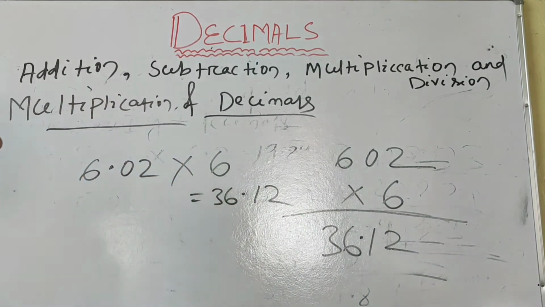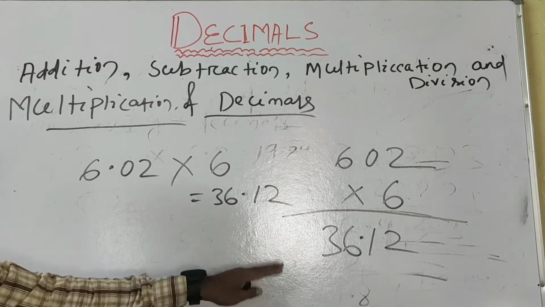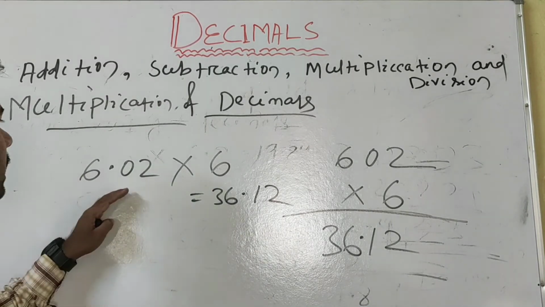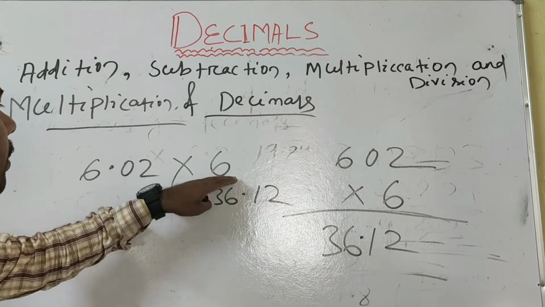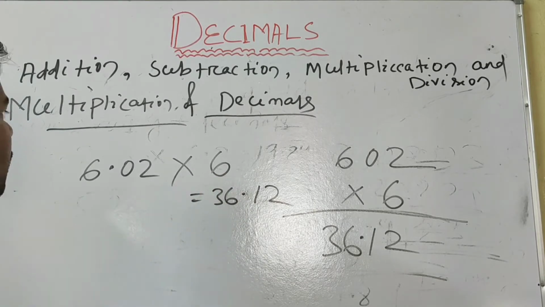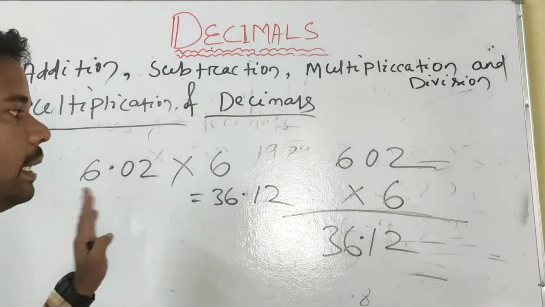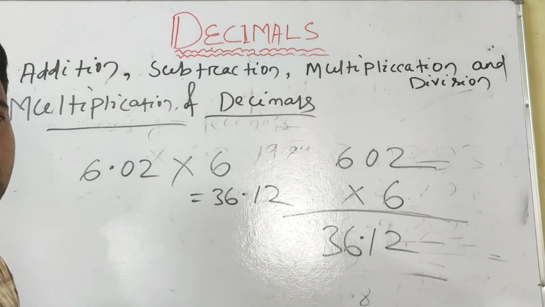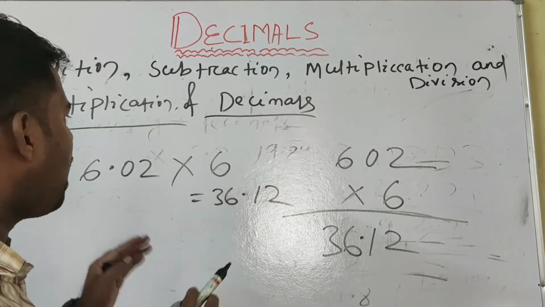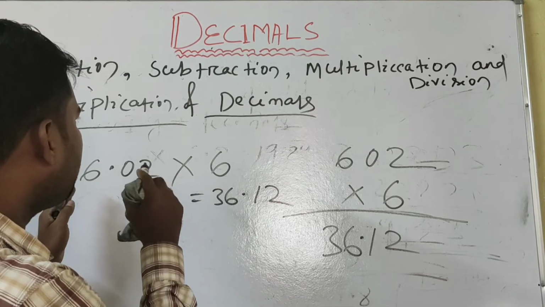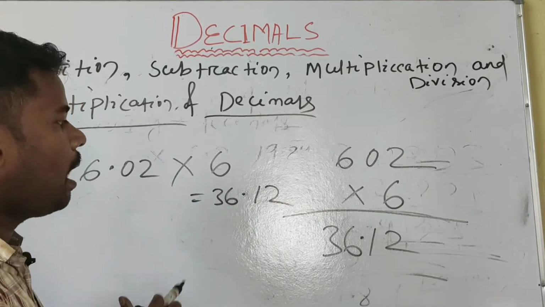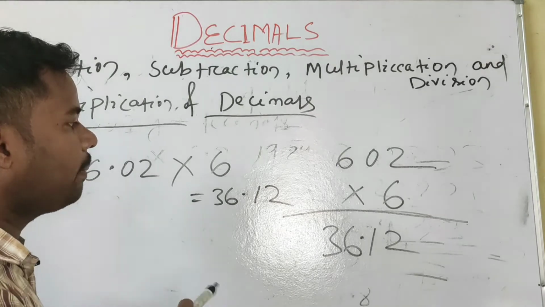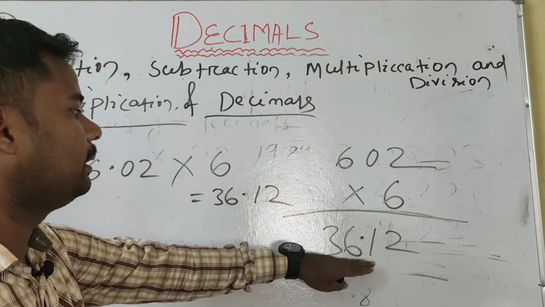Okay, in this way we can multiply any decimal number by a whole number, or a decimal number by a decimal number. We only have to remove the decimal point, and count after how many digits from the right side the decimal point was given, and after multiplying we only have to put the decimal point like this one.